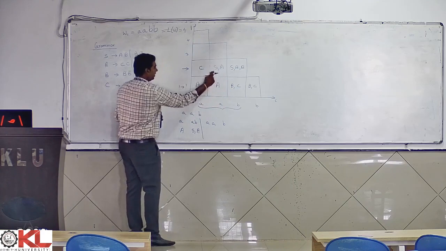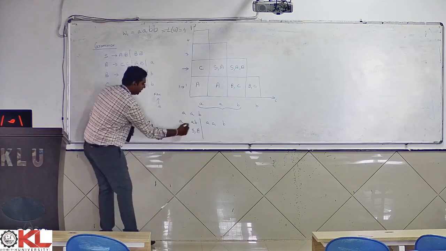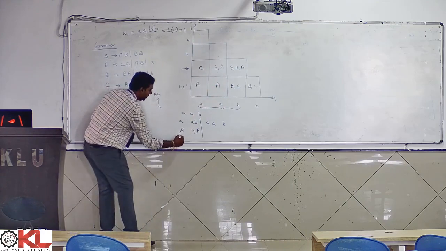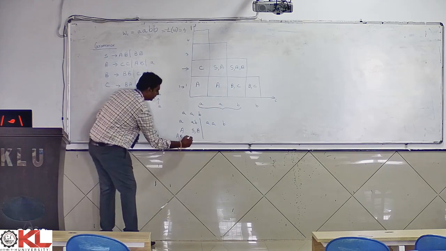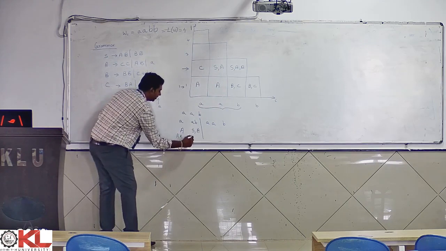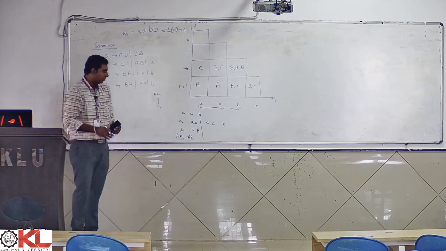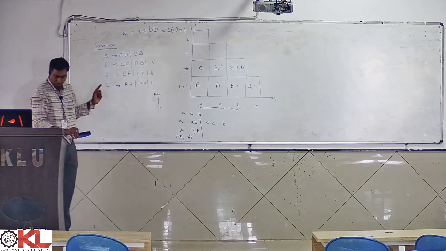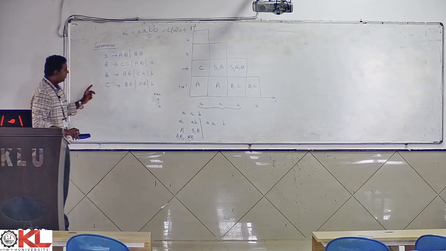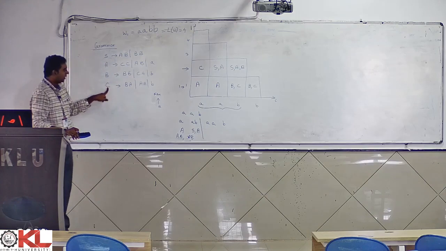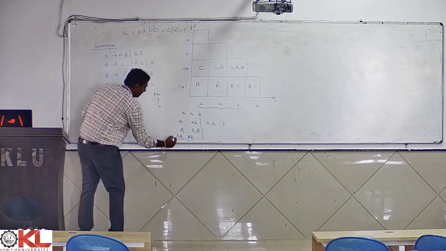So I am writing this non-terminal here. Now I am multiplying. So it gives AA and AS. Now I am checking from the given set of rules. AA and AS. AA, C it is there. So I am writing here C.